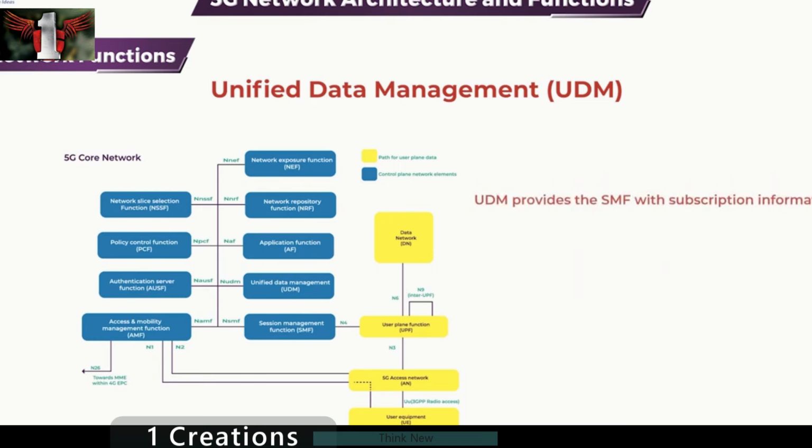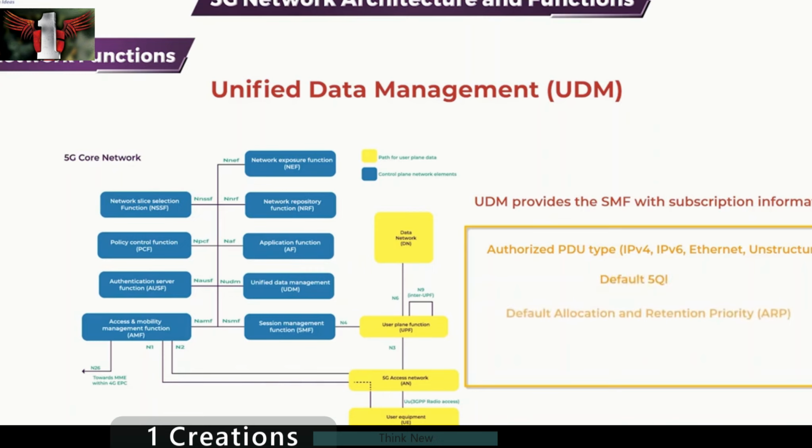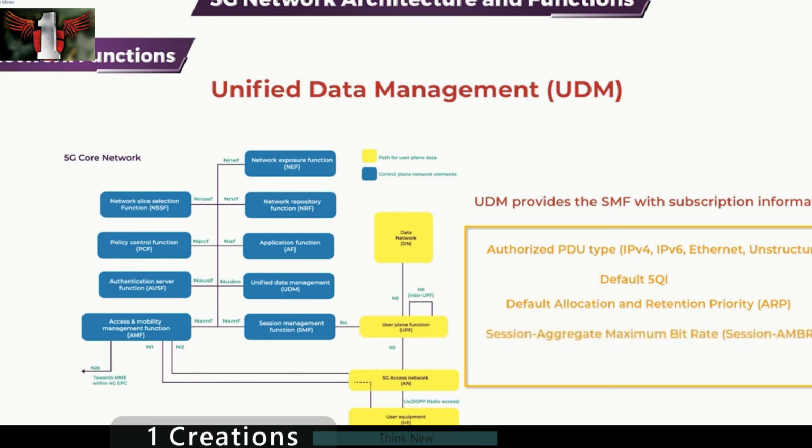The UDM provides the SMF with subscription information which can include authorized PDU type, that is IPv4, IPv6, Ethernet, unstructured. Default 5QI, default allocation and retention priority, session aggregate maximum bitrate, authorized session and service continuity.